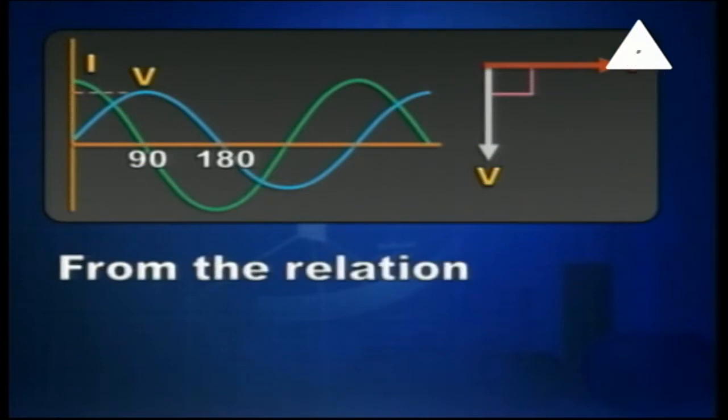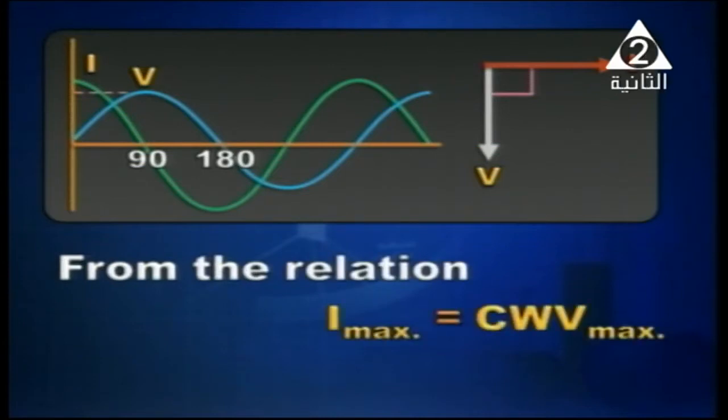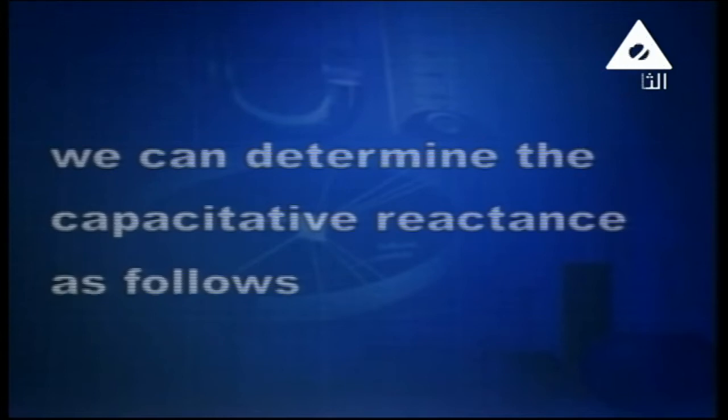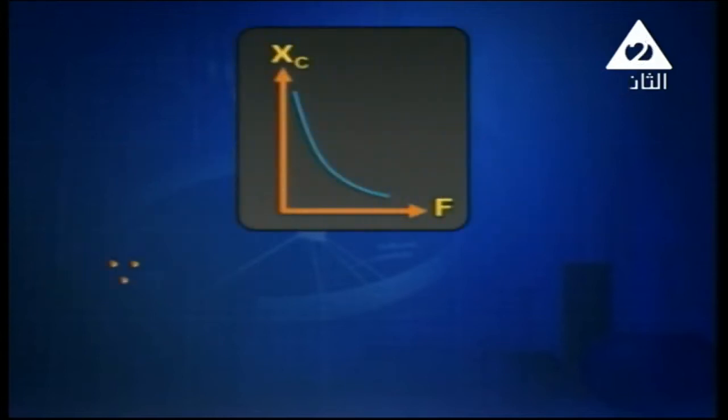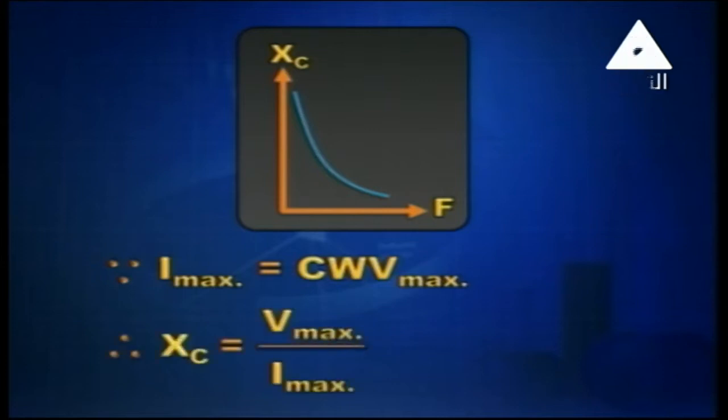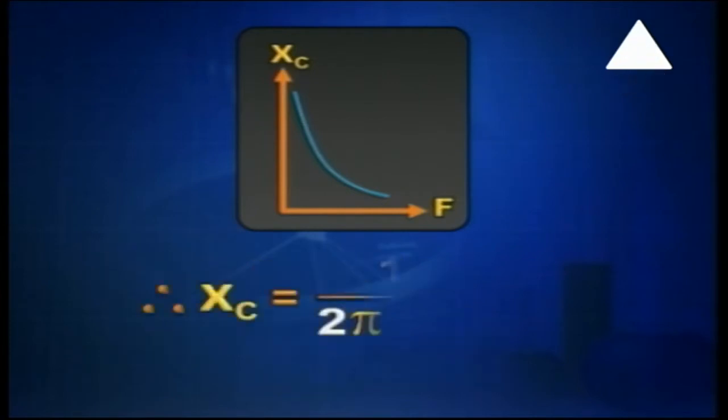From the relation I maximum equals C omega V maximum, we can determine the capacitive reactance as follows. V maximum over I maximum equals XC, and it is equal to 1 over C omega, and omega equals 2 pi f, so XC equals 1 over 2 pi f C.